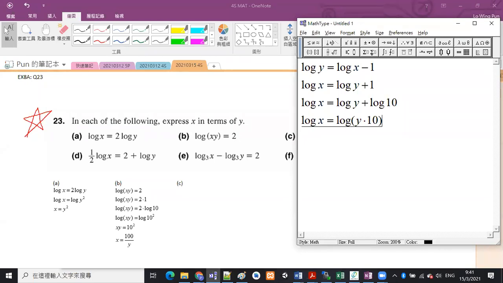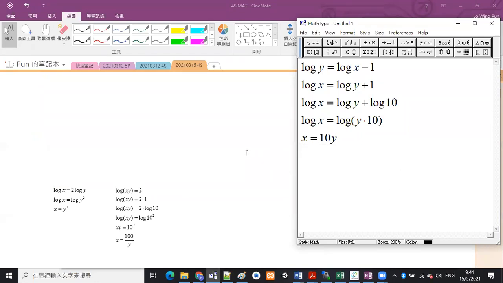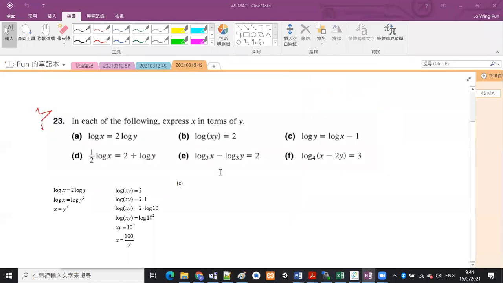Okay, so both sides are inside one single log now, and then we are ready to remove the log for the next step. So x is equal to 10y. Okay, and x is already the subject, which is in terms of y. Okay, and that is the answer.